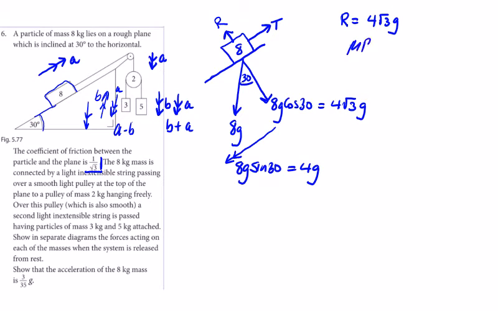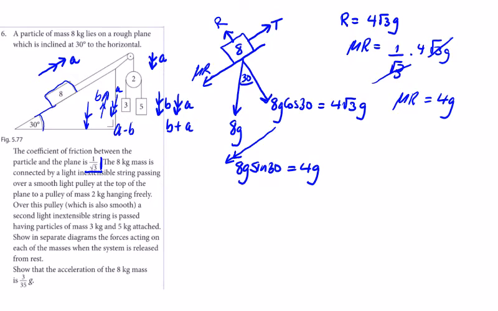So mu R is going to be equal to 1 over root 3 by 4 root 3G. Cancelling the root 3G's, we get mu R to be 4G. So that's what's going back in this direction, my mu R.